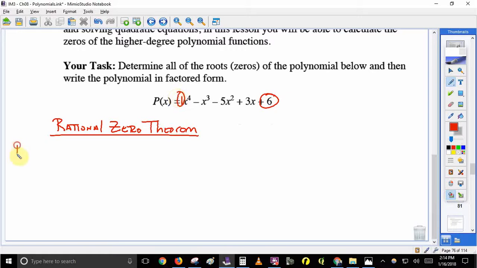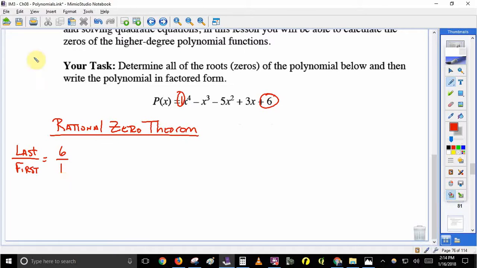You write the last over the first, so 6 over 1. Then you look at all the factors of the 6 and all the factors of the 1, and together they tell you possible roots of the polynomial.